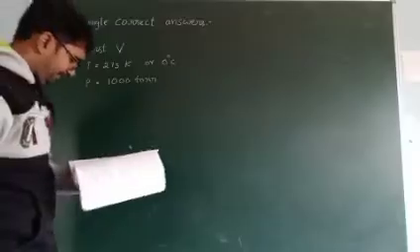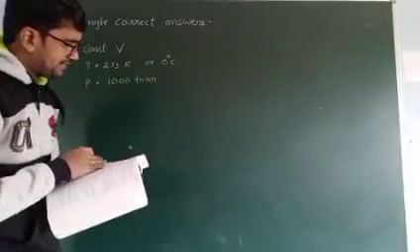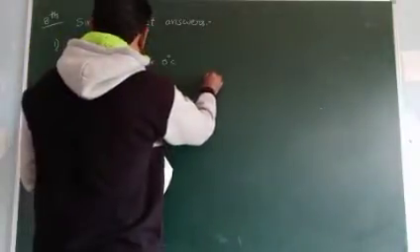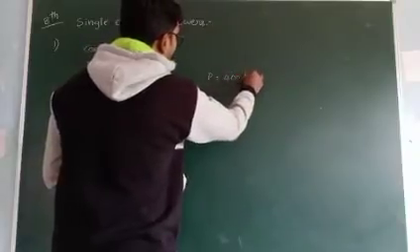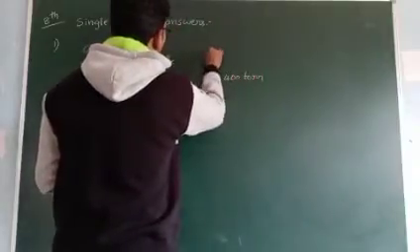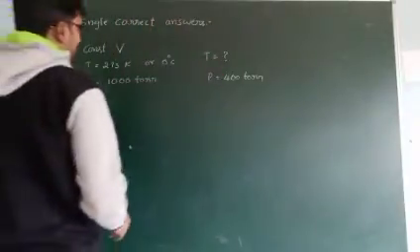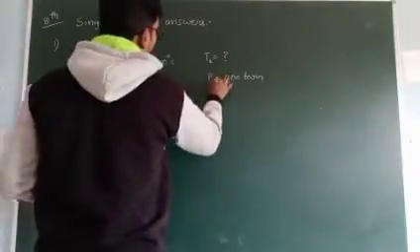So the final temperature, when the pressure manometer indicates an absolute pressure, next pressure shows 400 torr. Then what is the temperature? This is T1, P1, this is T2, P2.